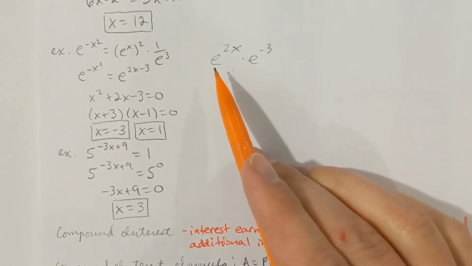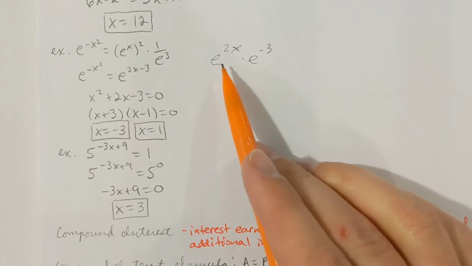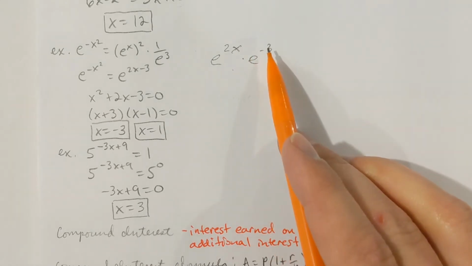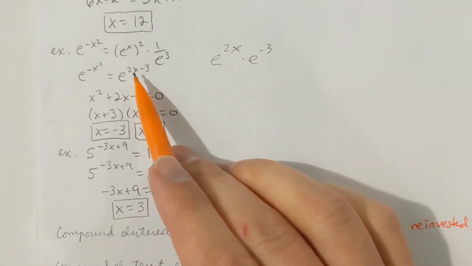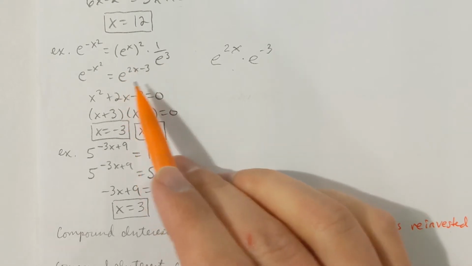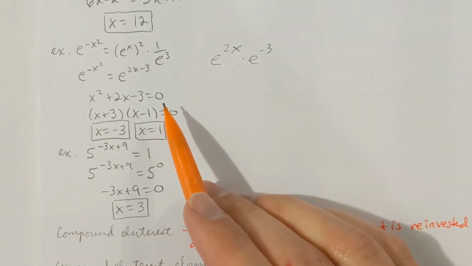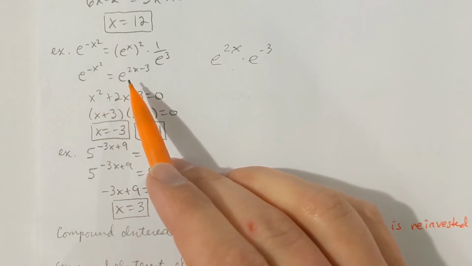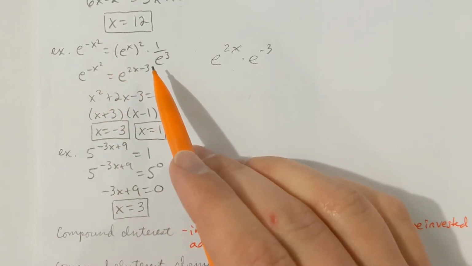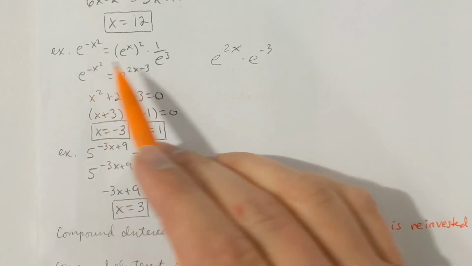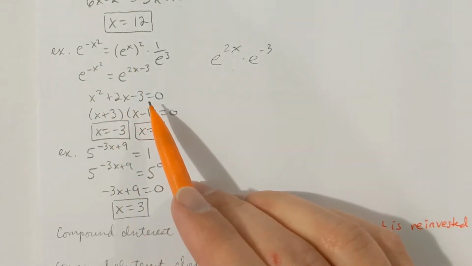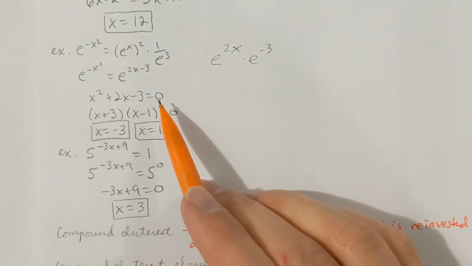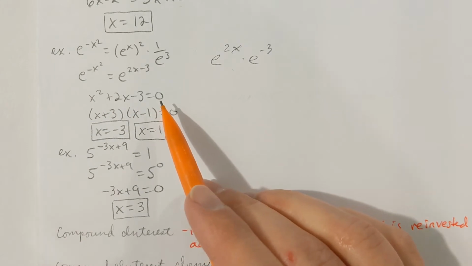Law 1 then says that in multiplying, if you keep the base and add the powers, you get e to the 2x minus 3 on the next line. So now I've got the same base e. I can remove the e's and set the powers equal. If I then add x squared to both sides, I'm looking at a quadratic equation, and so I'm back on familiar ground.